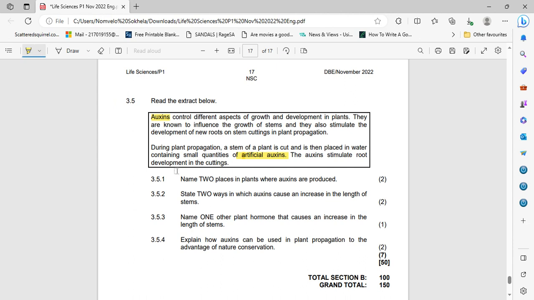From that stem, you'll see that roots will begin to develop. You'll see that leaves will begin to develop. Okay, so now we have an idea of what they are talking about here. So you can read over again what the question says.